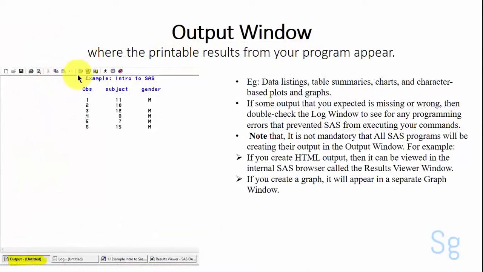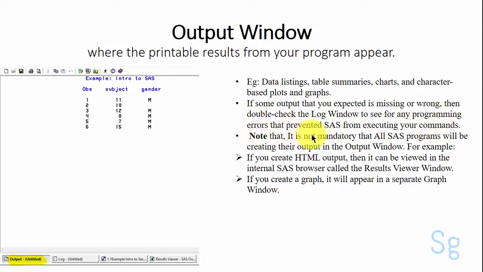Output window. Here you can see our output window where the printable results from your program appear. Example, data listings, table summaries, charts, and character-based plots and graphs. If some output that you expected is missing or wrong, then double-check the log window to see for any programming errors that prevented SAS from executing your commands.